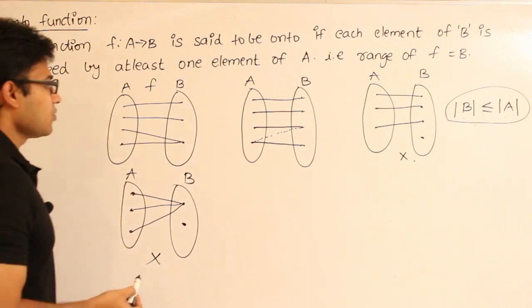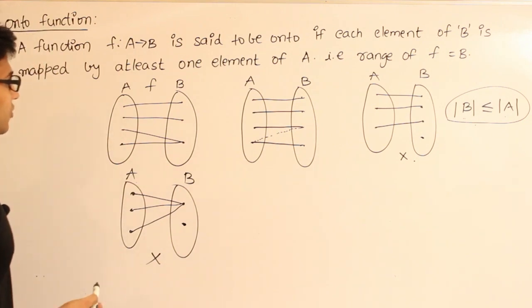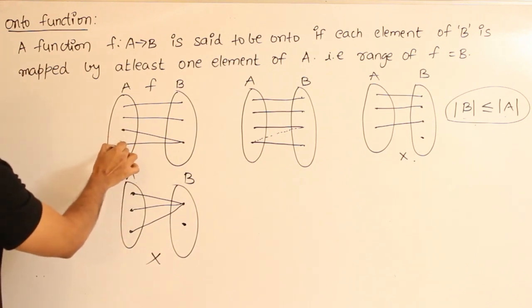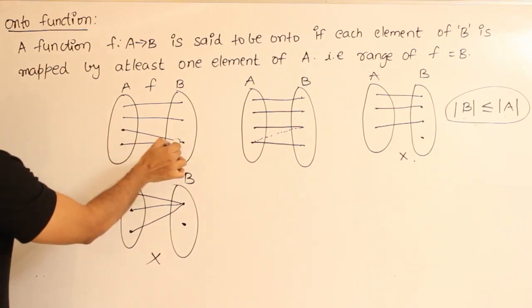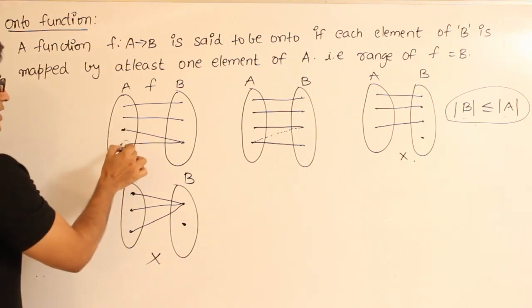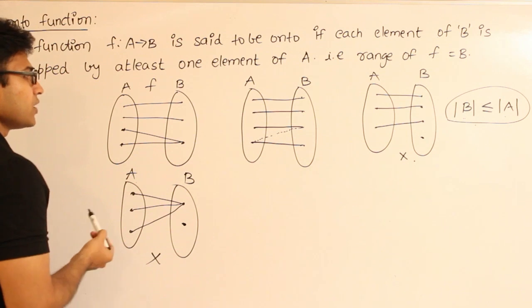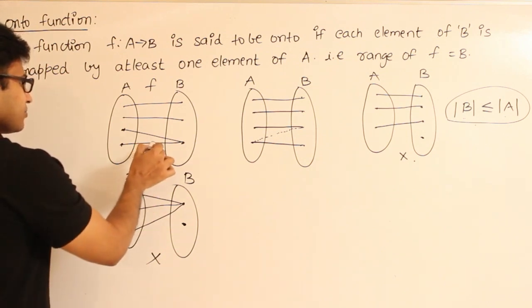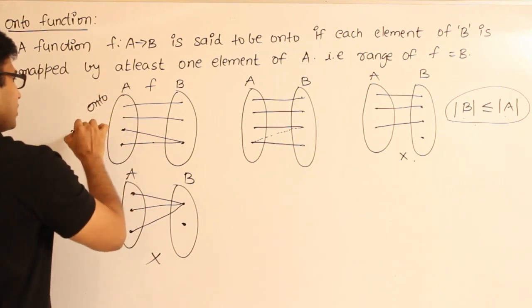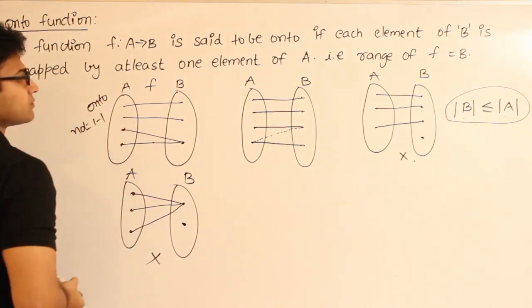Got it? So what can you say about one-to-one and onto functions here? Is this a one-to-one function? It is not one-to-one because many elements are related to one element, right? So when two elements have the same image, then it is not one-to-one, which means this is an example of a function which is onto but not one-to-one, right?